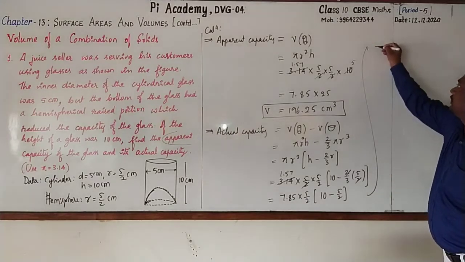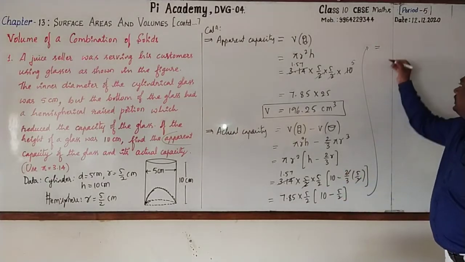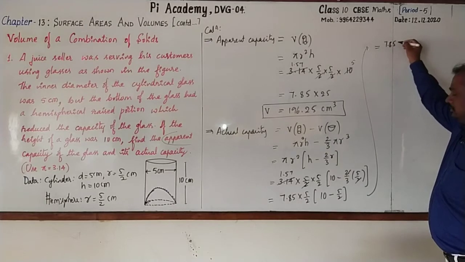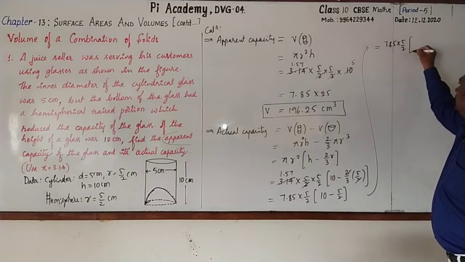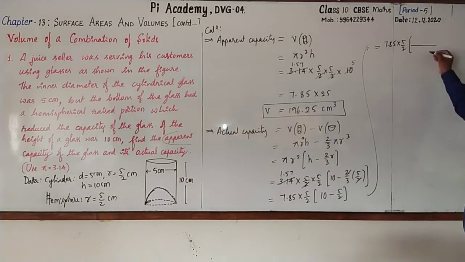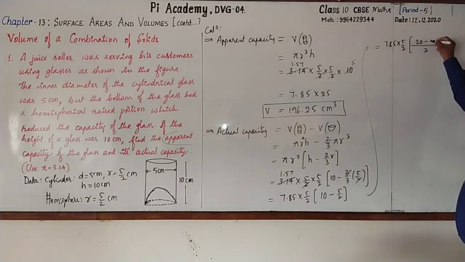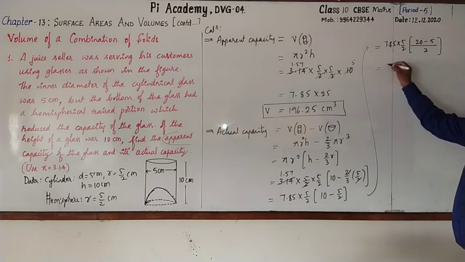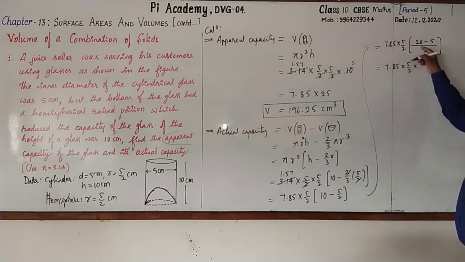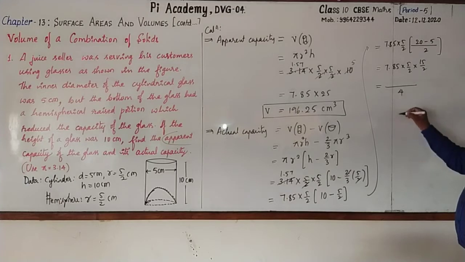This is equal to 7.85 into 5 by 2 into, take LCM. LCM is 2, then 2 tens are 20 minus 5. It is equal to 7.85 into 5 by 2 into 15 by 2. This is equal to, it is 4.